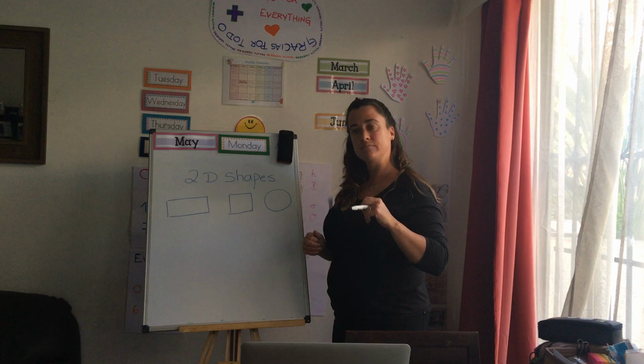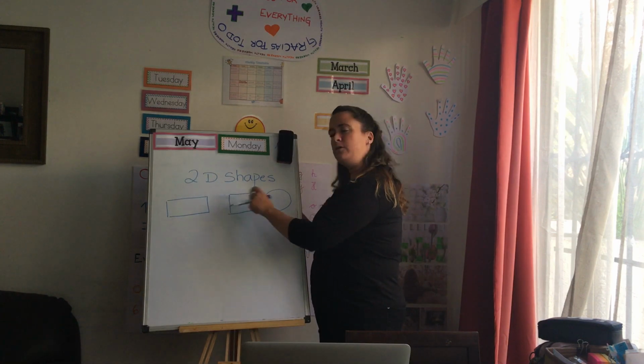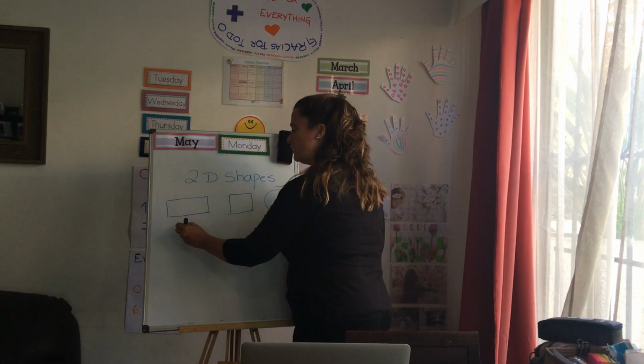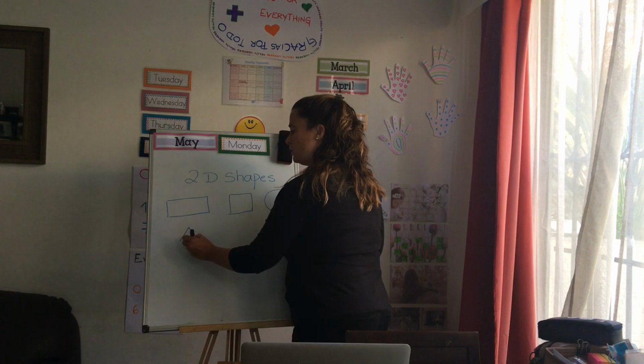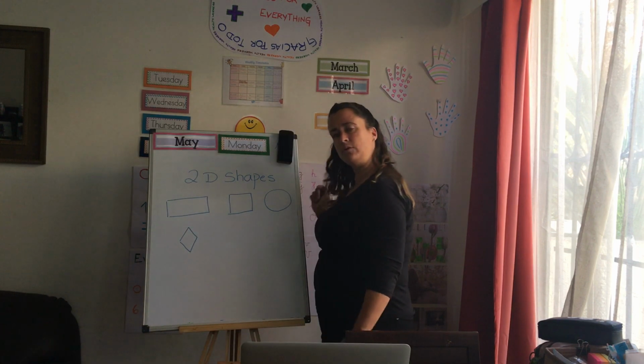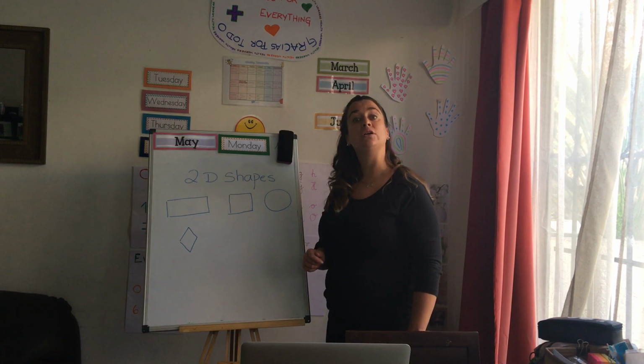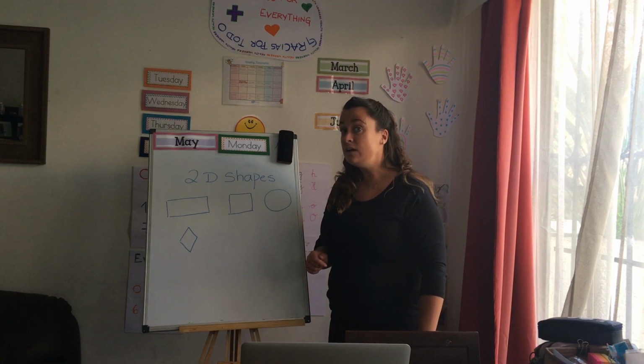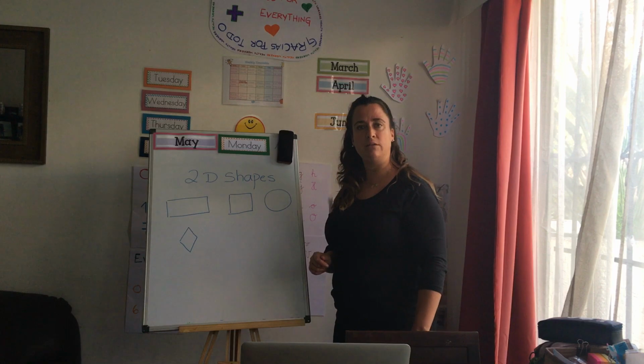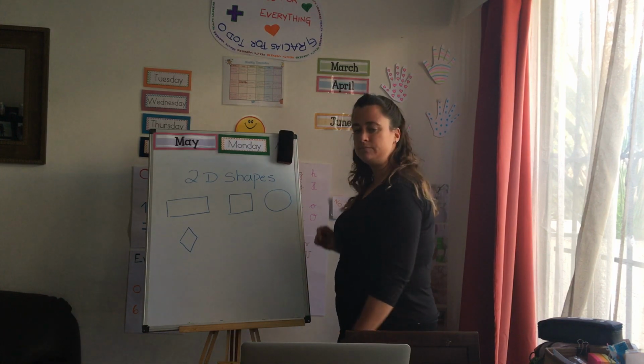Yeah? What if I rotate the square and I make this shape? What shape is it? Good. It is a diamond shape. Fantastic. What about this one?